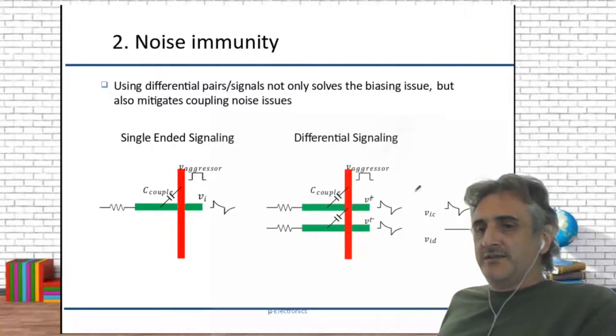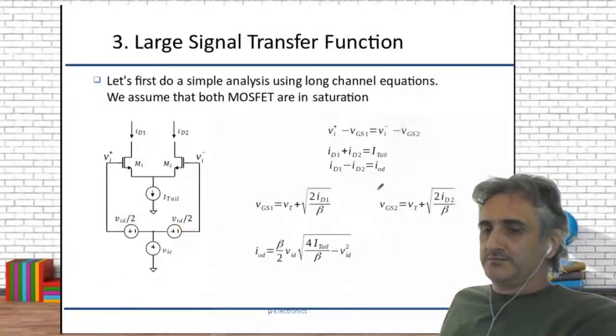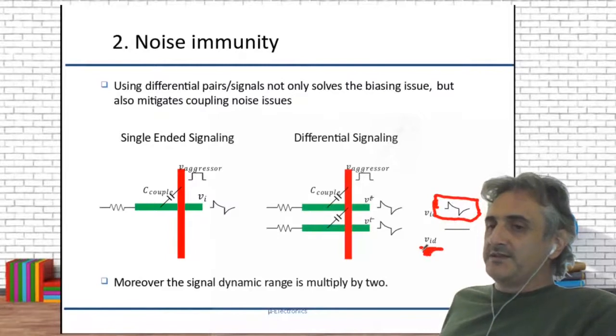And in this case, what will change is only the common signal, not the differential. The differential signal, this one minus this one, is more or less constant. But the common mode voltage will show the effect of the aggressor. Since we are not worried about this common mode, and we are only worried about the differential, the signal is better.